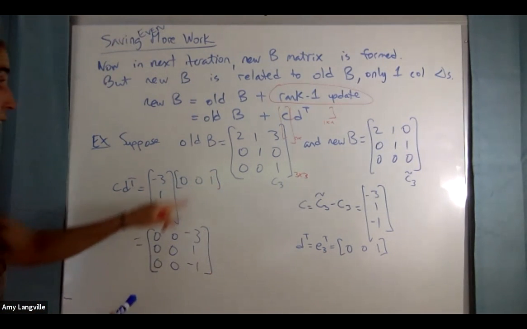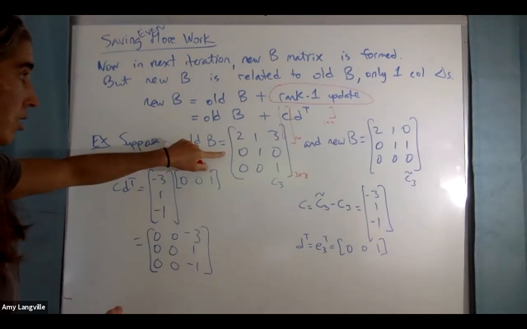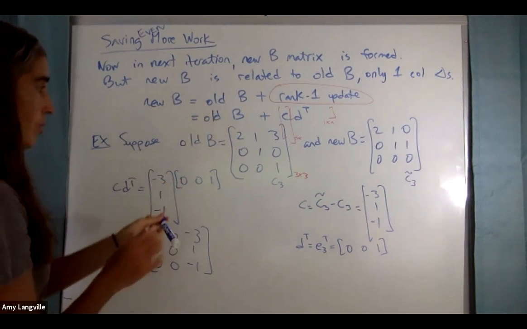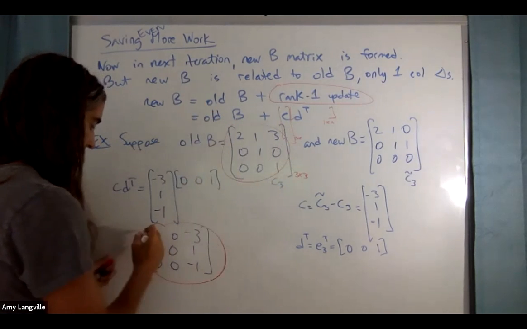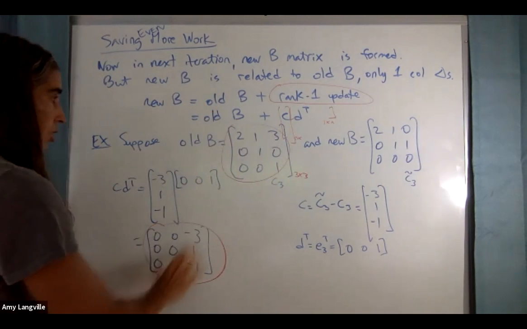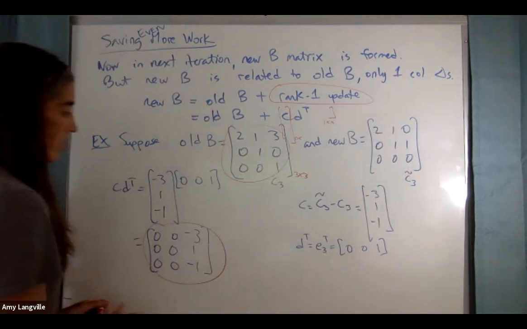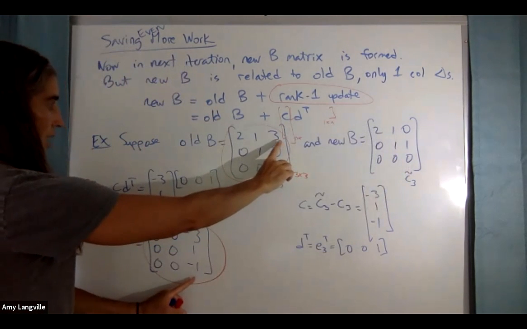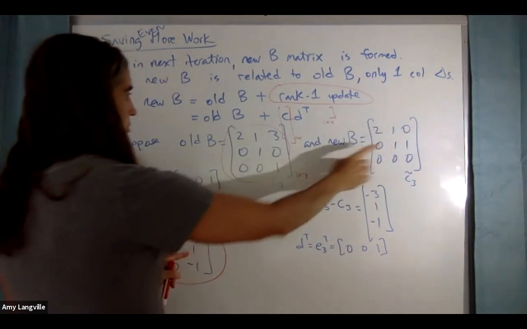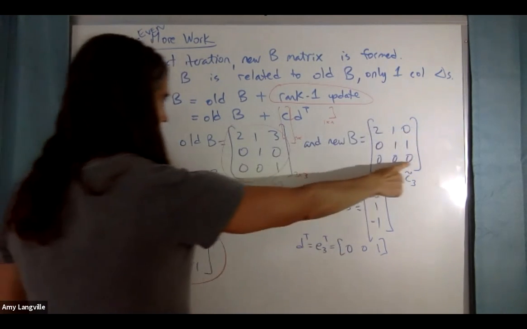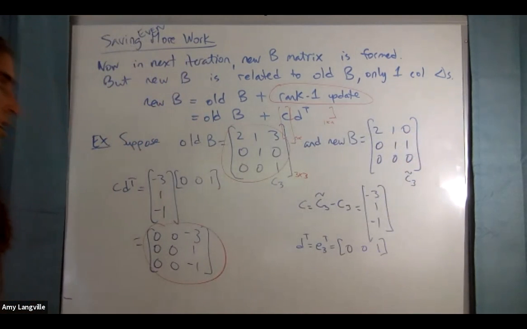Now, when I take that and add it to the old B, adding these 2 matrices, the first 2 columns stay the same. And then in the next column, adding a 3 and a negative 3 gives me a 0, a 0 and a 1 gives me a 1, and a 0 and a negative 1 gives me a negative 1, and there we go.